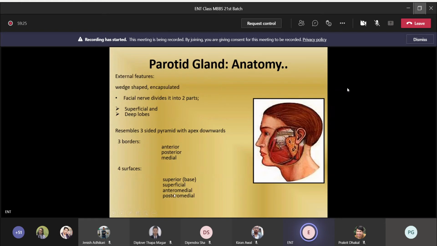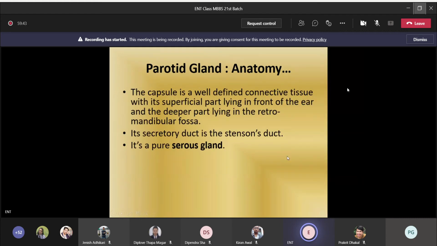And four surfaces: the superior surface, the superficial surface, and the medial border divides the inner surface into anteromedial and posteromedial surfaces. The capsule is well-defined connective tissue with its superficial part lying in front of the ear and the deeper part lying in the retromandibular groove. So this gland is encapsulated by the superficial cervical fascia.